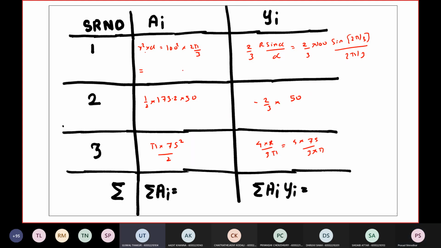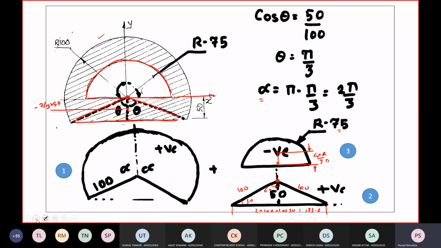Sir, can you just show the figure again? Thank you, sir. Okay.